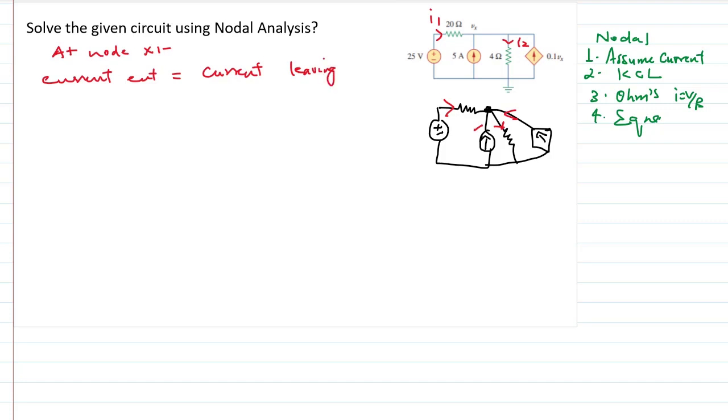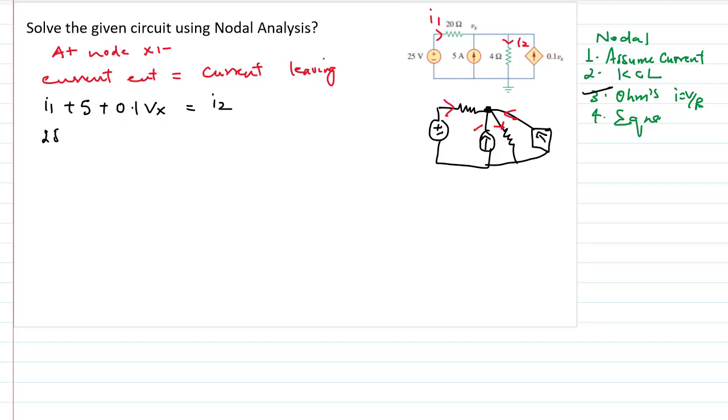Correct? Accordingly, I can write the entering currents: I1 plus 5 plus 0.1 Vx is equal to the leaving current. The leaving current is I2 only. Now we can write I1 in the form of V by R, that's the third step.